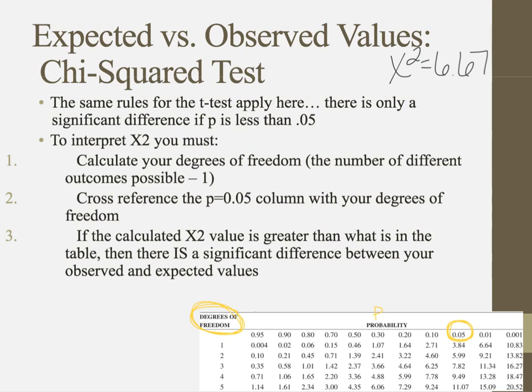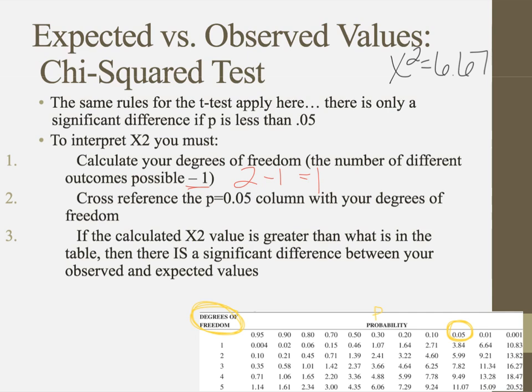And so how do we get degrees of freedom? Well, degrees of freedom are calculated by taking the number of different outcomes minus 1. So in our example, we had 2 outcomes, brown and blue. And then to find our degree of freedom, we're going to take this minus 1. And that gives me a degrees of freedom of 1.